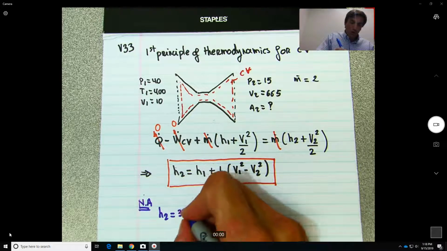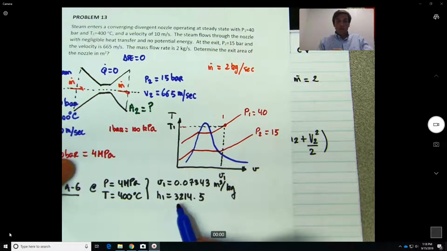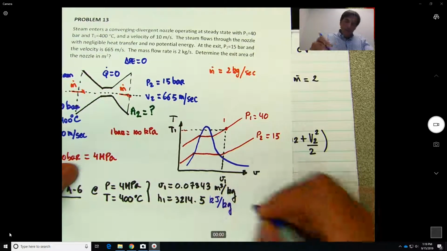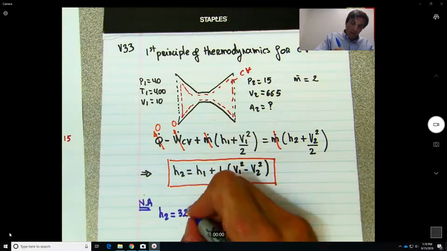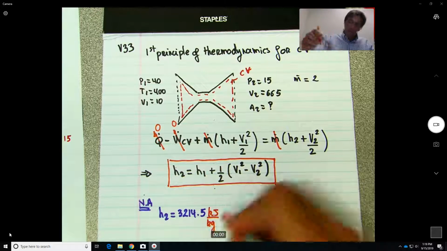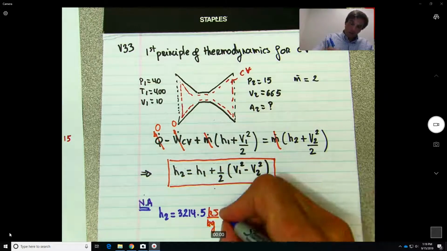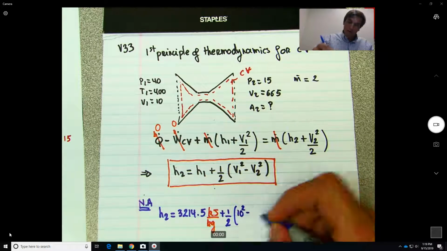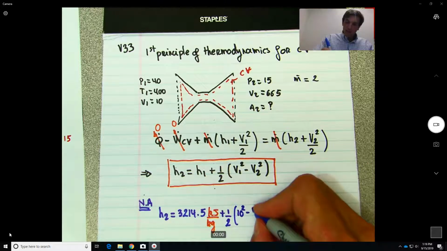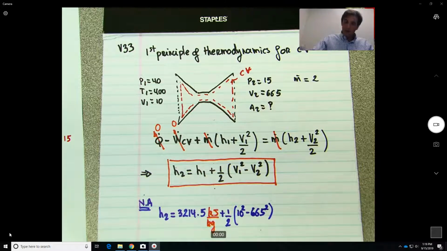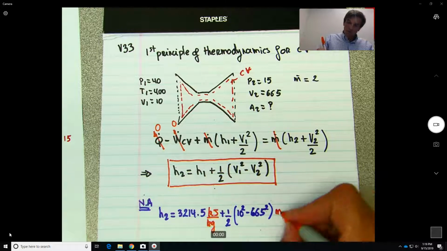H1 was equal to 3,214.5 kilojoules per kilogram, I'm just copying from this page, plus 1/2 of V1 is 10 squared minus 665 squared, and this should be meter squared per second squared.